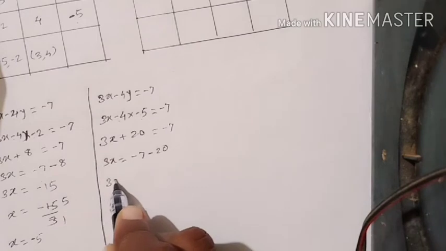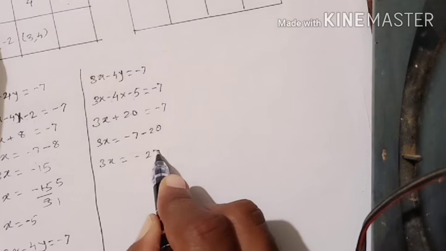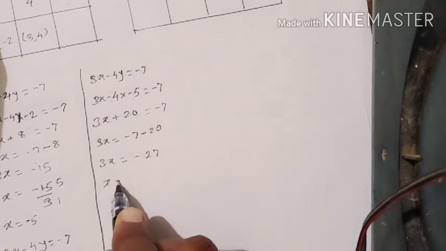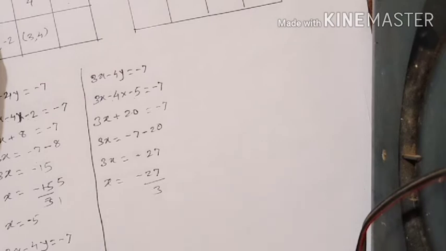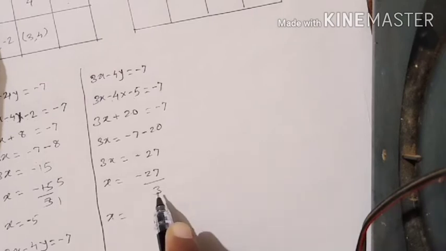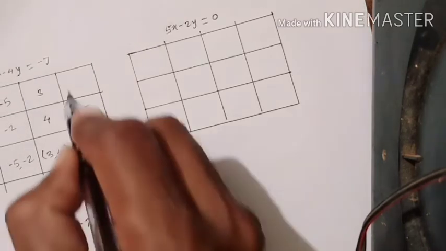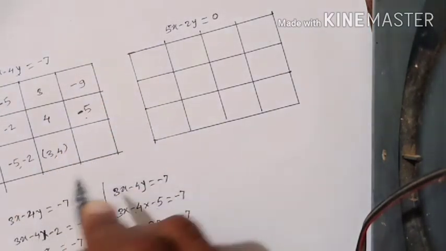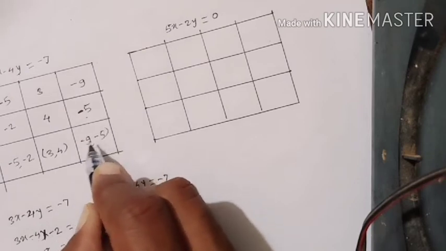Now 3x is equal to minus 7 minus 20 is minus 27. Therefore, x is equal to minus 27 divided by 3. Here 3 nines are 27, that is minus 9. Therefore, we will put the value of x as minus 9. And here it will be minus 9 comma minus 5.